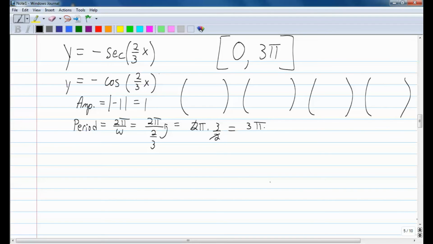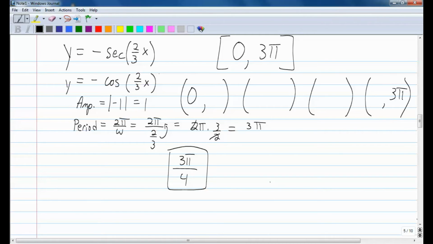So the period is 3 pi divided by 4, that's 3 pi over 4. I'm going to add 3 pi over 4 to each significant point so that I can get the next one. The entire interval is between 0 and 3 pi, so I'm going to start at 0 and end at 3 pi.